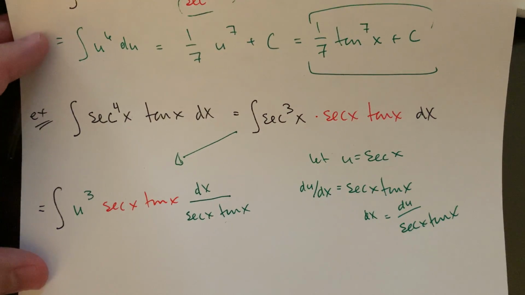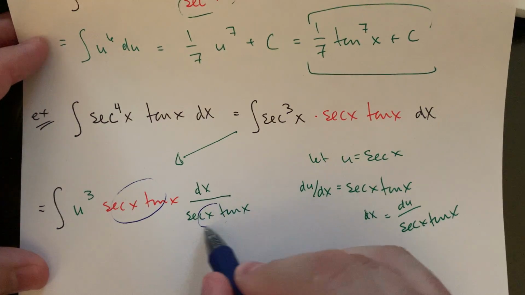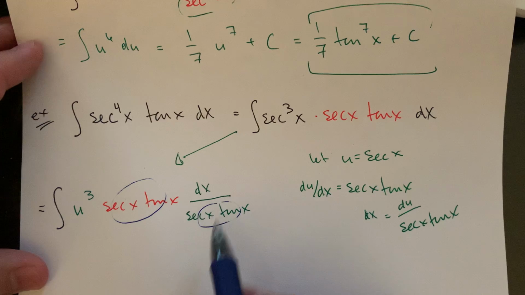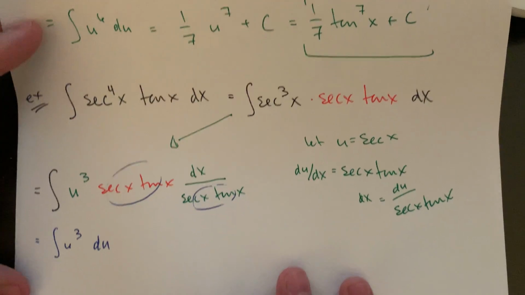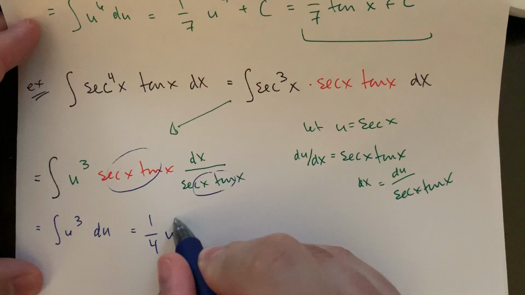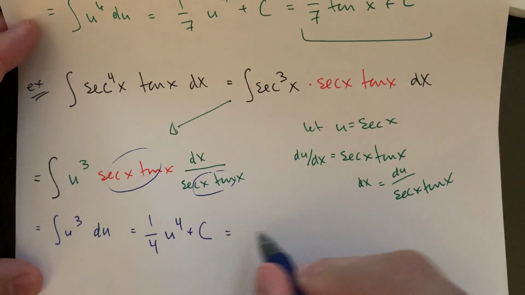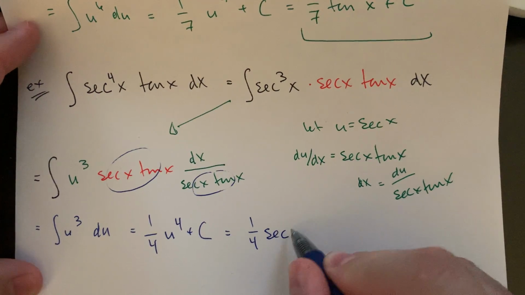And that's fair. Things can be kind of strange. So secant tangent sync up, these guys match. Really what I'm dealing with here is u cubed du. So I'm just doing power rule again: 1/4 u to the 4 plus big C, and then of course the original u was just the secant function.